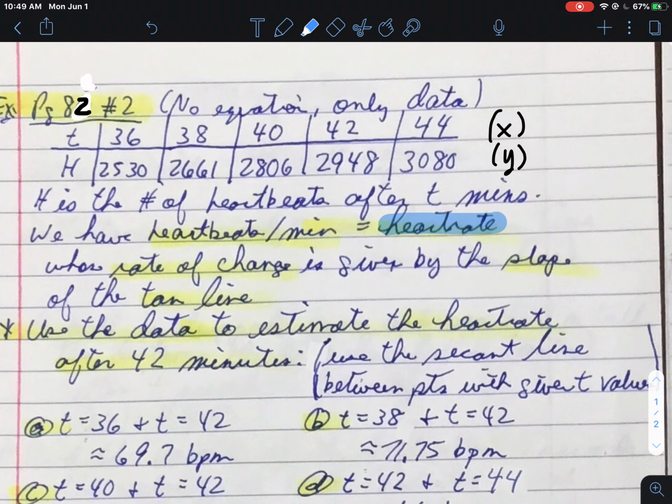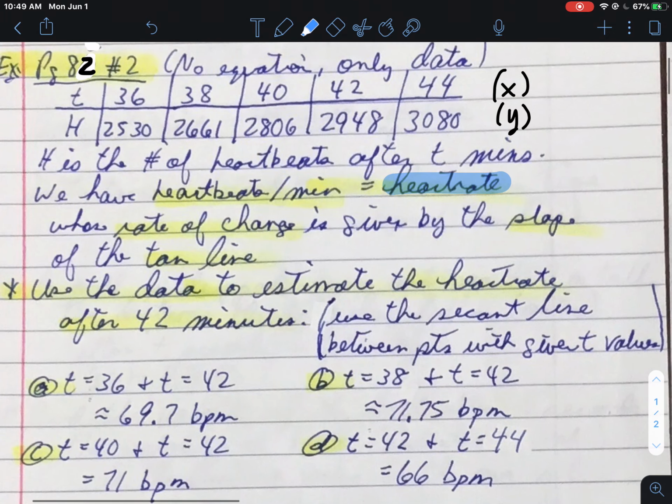But it's the same issue as before. And even more so here, because I don't even have a function to work with. All I have is data. I'm going to look at the average heart rate over time intervals that are getting closer and closer to that 42-minute period.